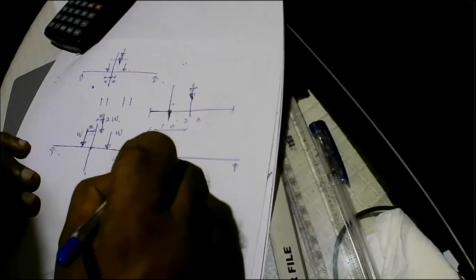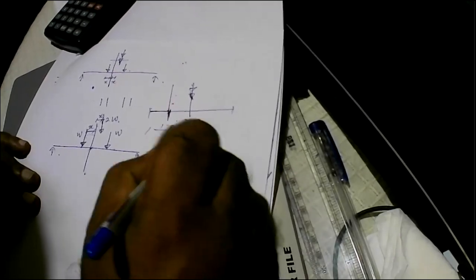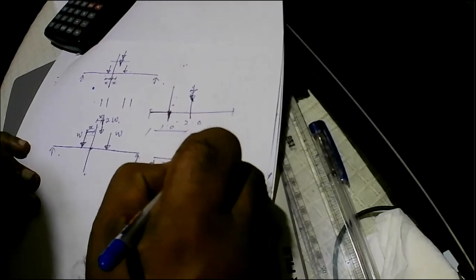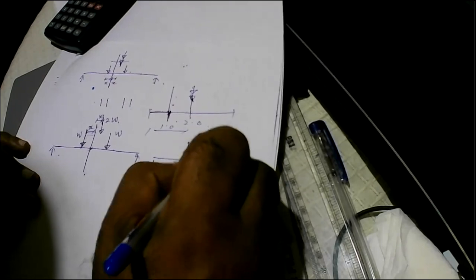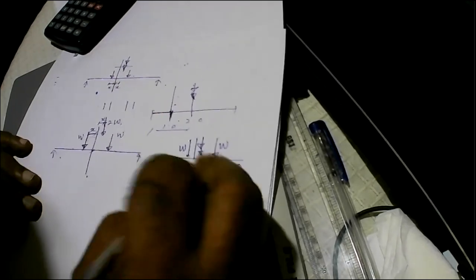So if I draw it clearly to scale, I'll get the resultant here, and the other load W here.